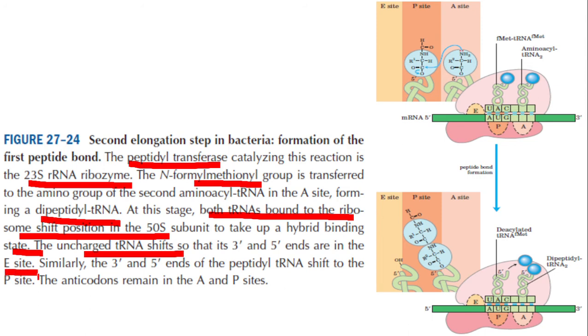Later it will go out of the E site. Okay, and now what happens? The 3' and 5' end of the peptidyl tRNA shift to the P site. Got it? The methionine tRNA is shifting from the P site to the E site.